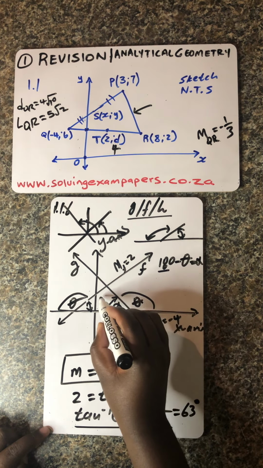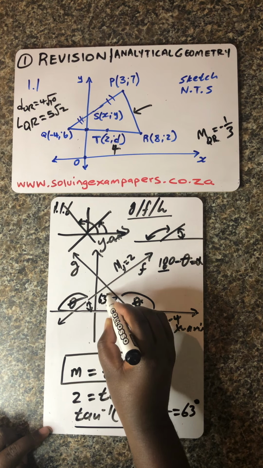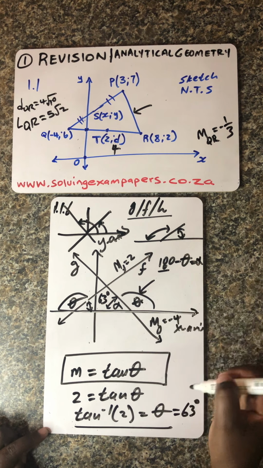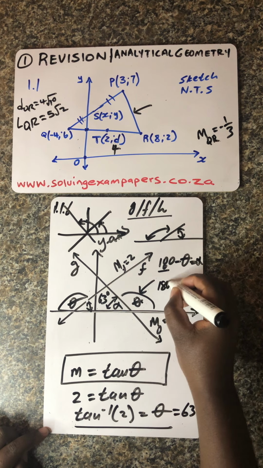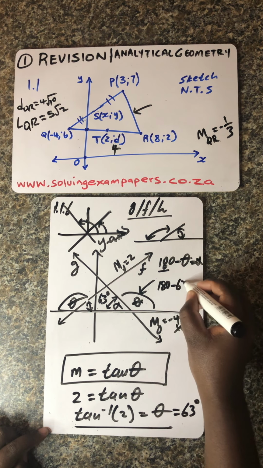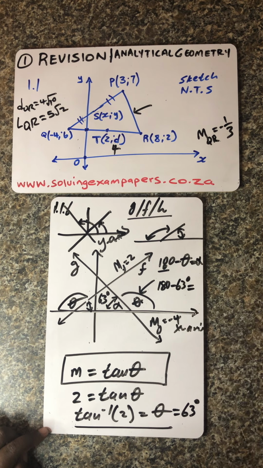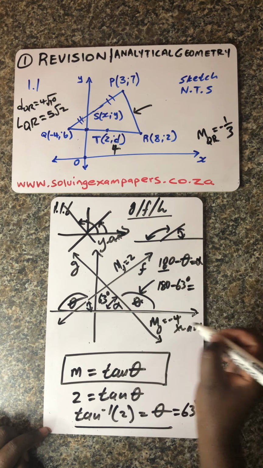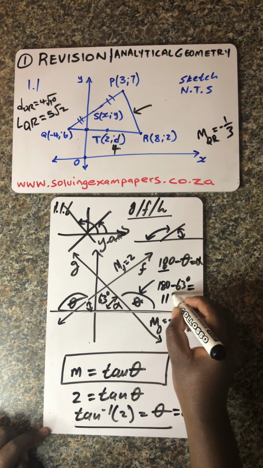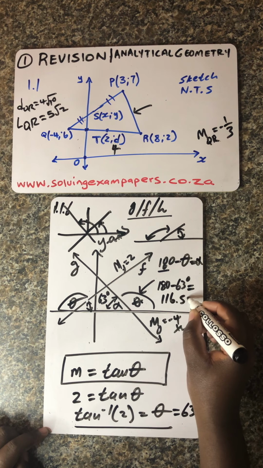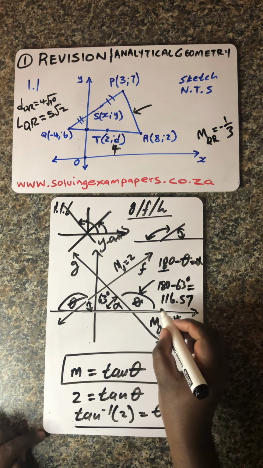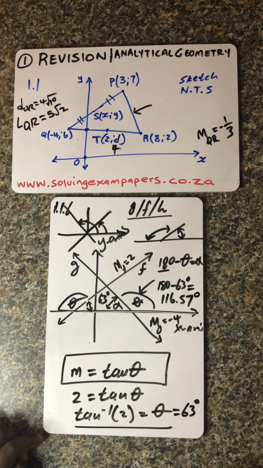That means it's actually that angle over there. So for us to get this angle, we just say 180 minus 63 degrees, which gives us 116.5, rounding it off to 116.57. Because it's an angle, you say degrees.